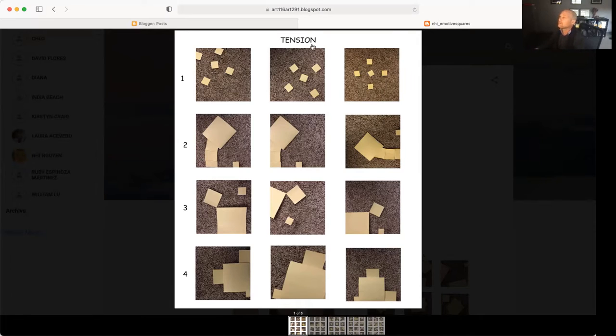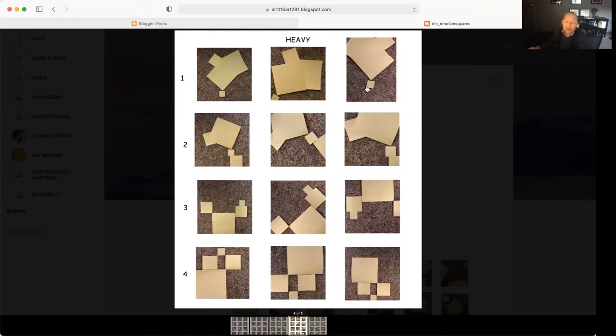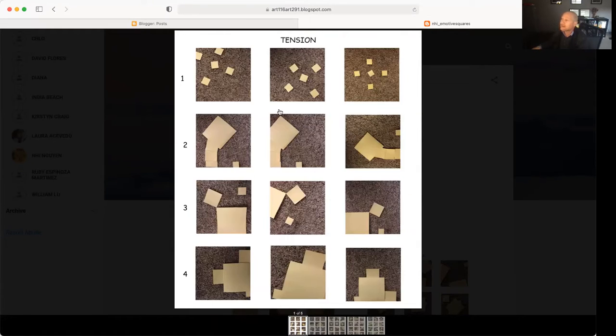Well, let's take a look at what we have. Move this guy out of the way. We have tension. Now, tension is really about a comparison, right? Is one element in comparison to another element, which is creating a tension. And so when we're looking at spaces like these, we're not necessarily creating the tension that we would be looking for, right?